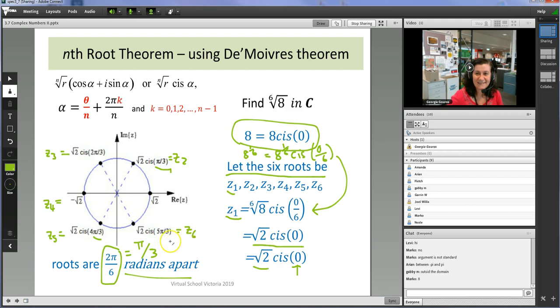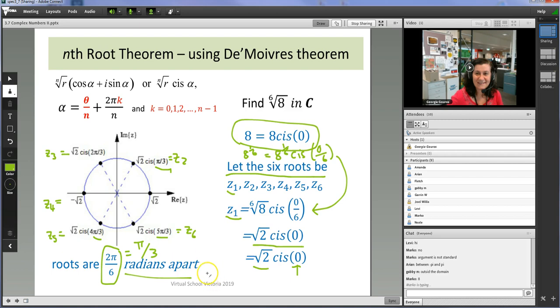Okay, and then we have to make sure that our final answer is simplified so that the argument is in the correct domain. So you can see here we've got a few little problems here with Z5 and Z6. What's the problem with those? We have to re-express them.